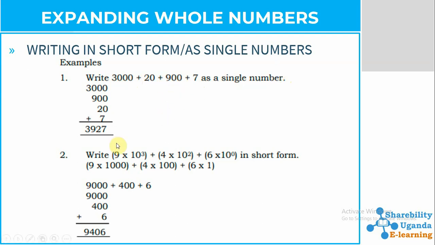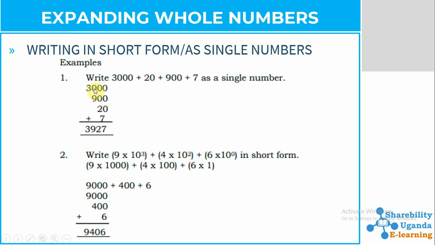Then also when you look at this example, which is example 2, they are saying this number is in the form of an exponential, and they are saying write it in short form. So how do we come up with the answer here? One, you can arrange them from the biggest to the smallest.